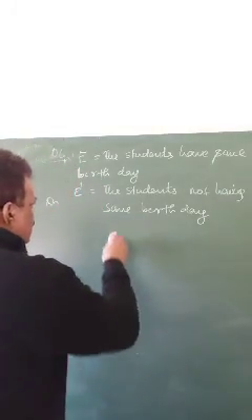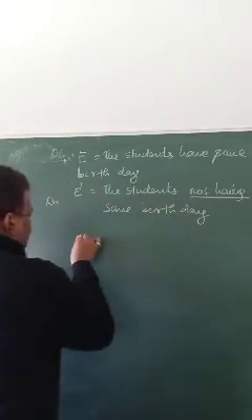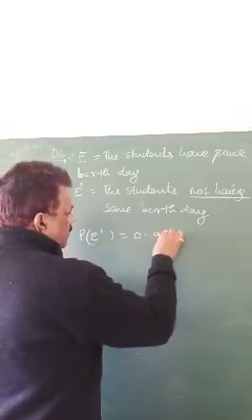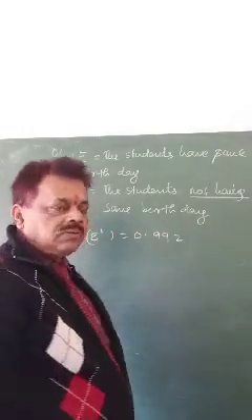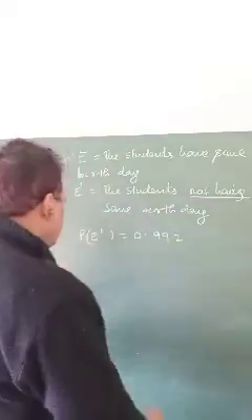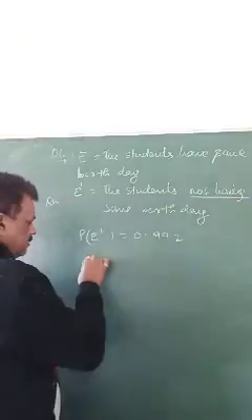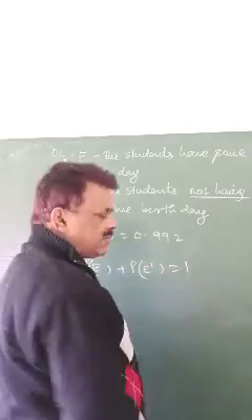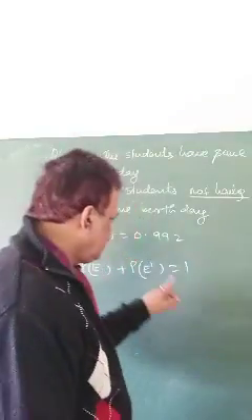Which one is given? The not having is given. The probability of E dash is given, 0.992. Which one are you asked to find? This one. So probability of E plus probability of E dash, always remember, is 1.